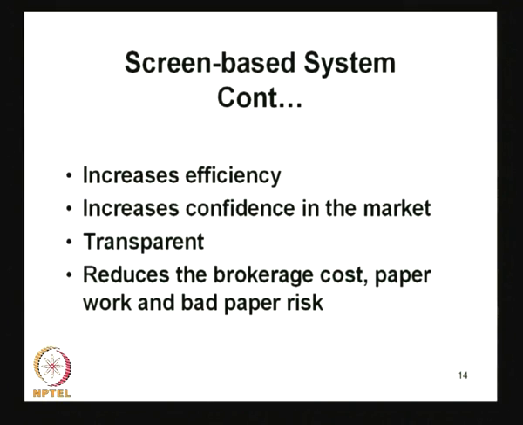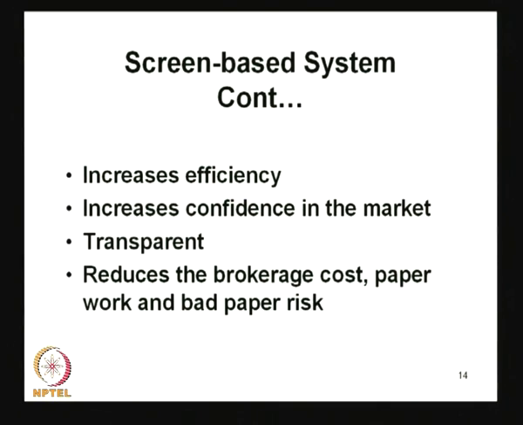It is definitely transparent, because the transparency is maintained, as you have to provide all the information in that itself, and the regulator takes care of those things whenever they take the position in the screen based system. It reduces the brokerage cost, it reduces the paperwork, and also it reduces the bad paper risk.